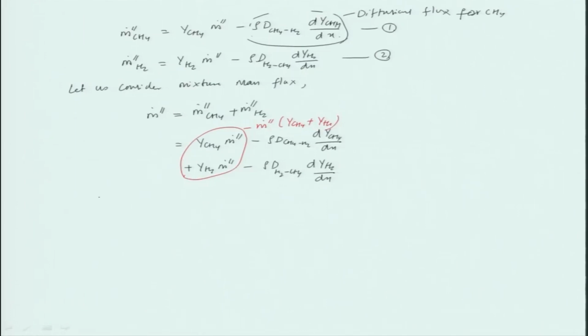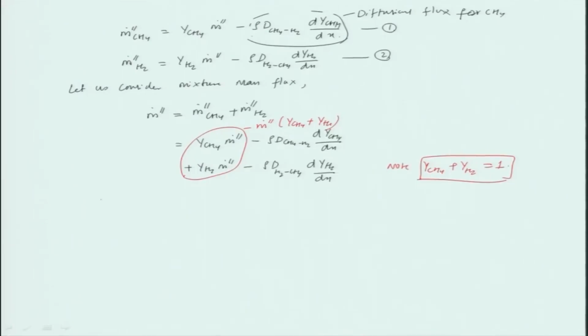And that Y_CH4 plus Y_hydrogen, what is that? It is 1. That means you can note that Y_CH4 plus Y_hydrogen is equal to 1, which we know for a binary mixture of methane and hydrogen.